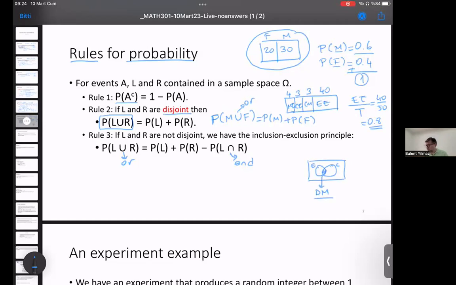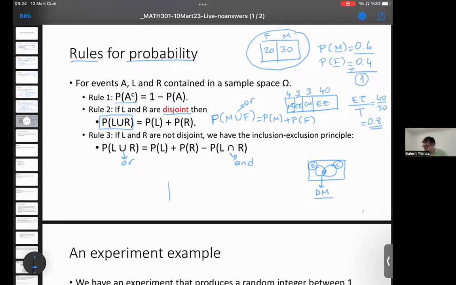Then my events, like obtaining a student from electrical engineering or from computer engineering, are not disjoint anymore. Disjoint, birbirinden ayrık. Let's say we don't have any students doing a double major with electrical engineering and civil engineering, then we say these are disjoint groups.